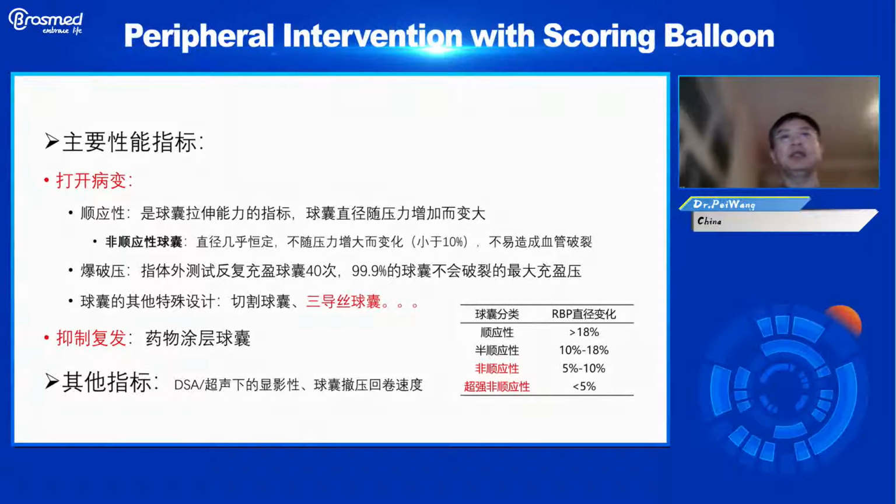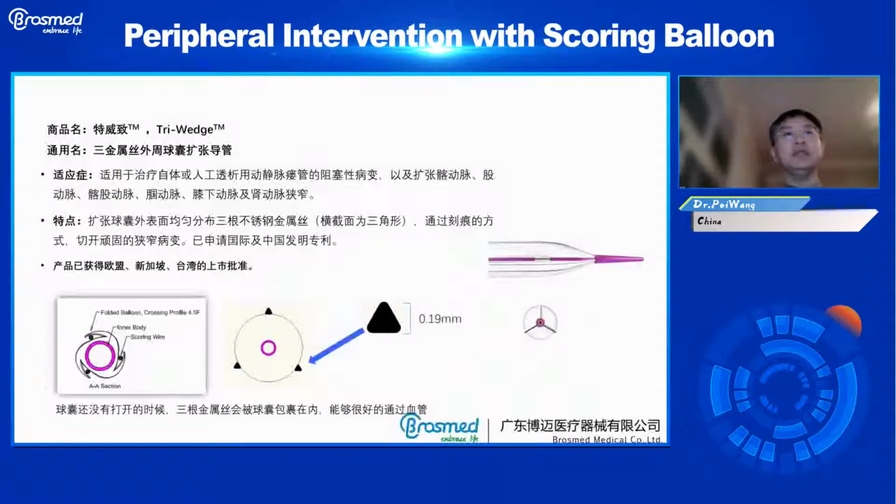Of course, there are some balloons with special design, like the tri-wedge, which is one of the cutting balloons. To suppress the recurrence, we mainly rely on the use of the DCB, but in China it hasn't been approved yet.